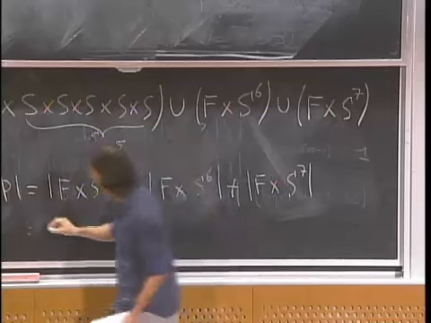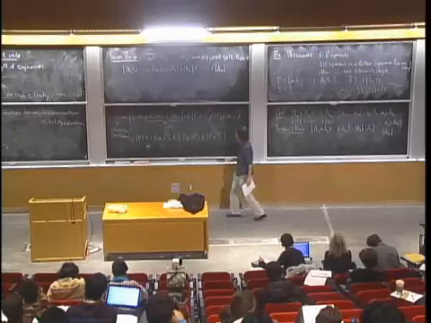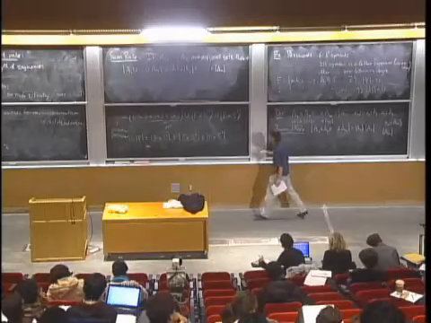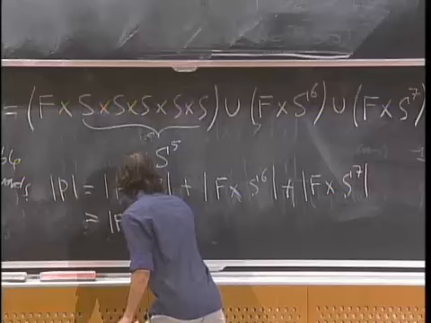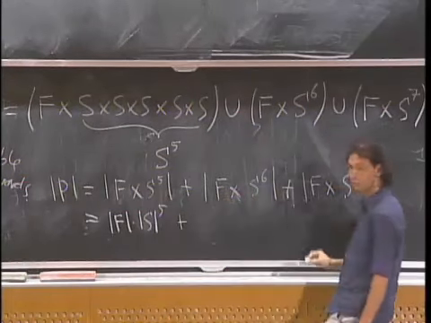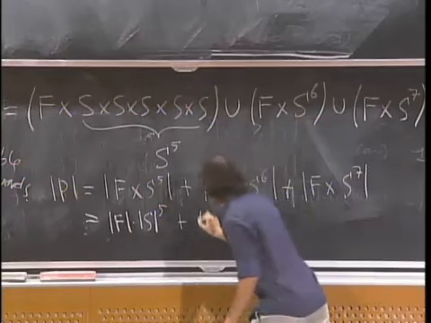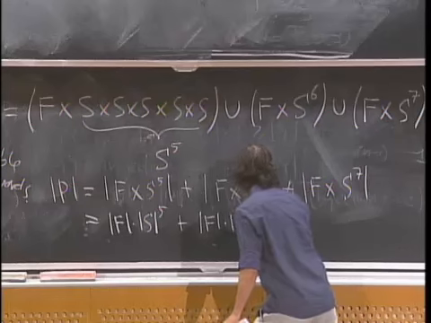And now we can apply the product rule very simply. So that's equal to the cardinality of F times the cardinality of S to the power 5. And then we have the same rule applied to this one. It's the cardinality of F times the cardinality of S to the power 6.